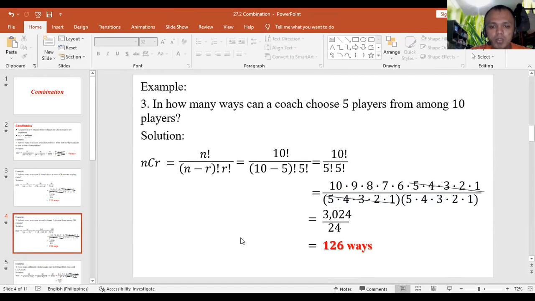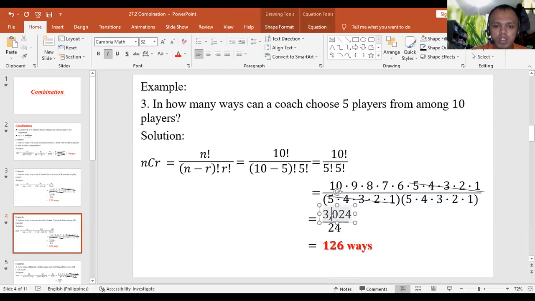Let us repeat the solution: 10 times 9 times 8 times 7 times 6 is equal to 30,240, over 5 factorial. 5 factorial is equal to 120.